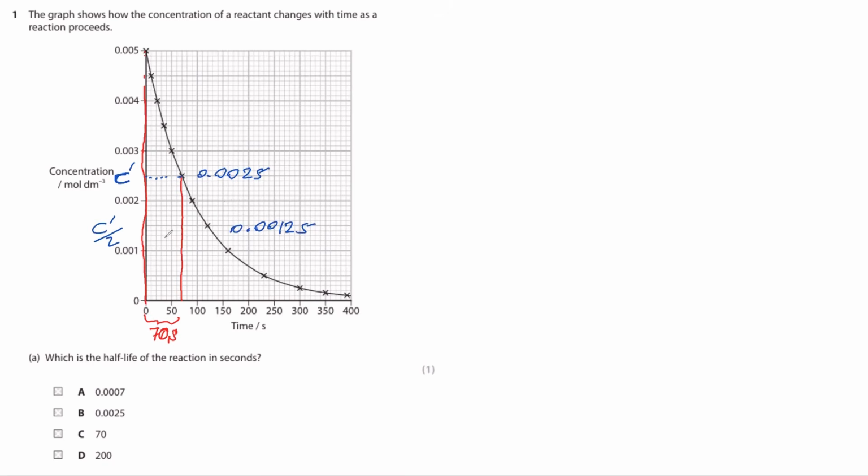Where you get 0.00125, it's somewhere here. When I check that time, it goes from 70 to 140, and the difference again is 70 seconds.